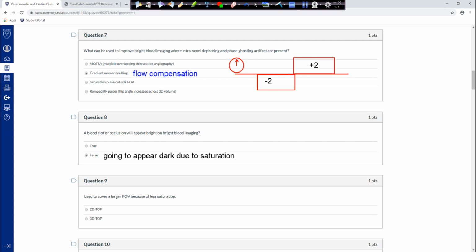So with gradient echo, we have bright blood imaging, which is where we got fresh blood coming into our stack of slices, so it hadn't received those repeated RF pulses. And stationary tissue had, so that's why it appears dark, because it's saturated. So if a blood clot is sitting within that vessel, it's going to sit there also, so it's going to be saturated. So it's going to appear dark.